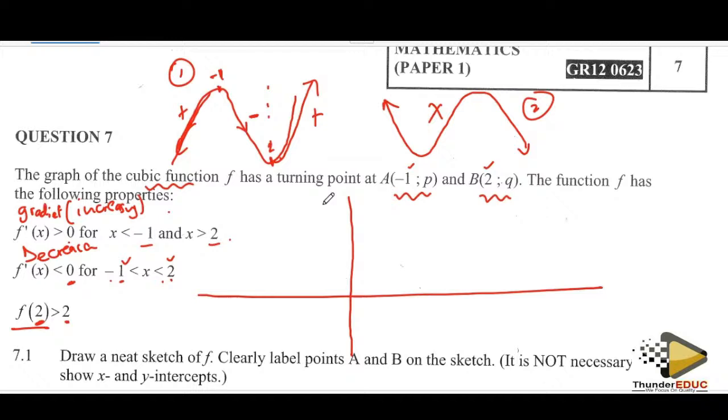Now, the problem is, where do I put the turning points? Above the x-axis or below the x-axis? I know that if this is my 0, the value at x of 2 must be greater than 2. So if this is my 2, the graph must be slightly above 2, so it is not cutting the axis.